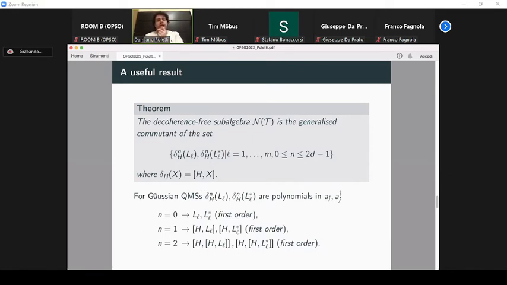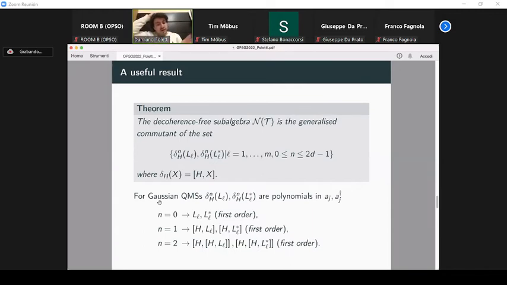And the idea here is that for Gaussian quantum Markov semigroups, all the operators that appear are polynomials in a_j and a_j dagger, because both H and L_l are polynomials in a_j and a_j daggers. When explicitly looking for this set, starting from n equals 0, one gets L_l and L_l star, which are, by definition, first-order polynomials. When looking at n equals 1, one gets the commutator of H with L_l or with L_l star.